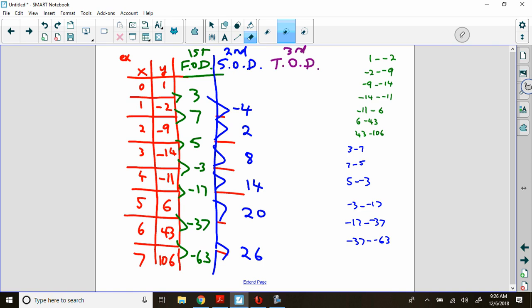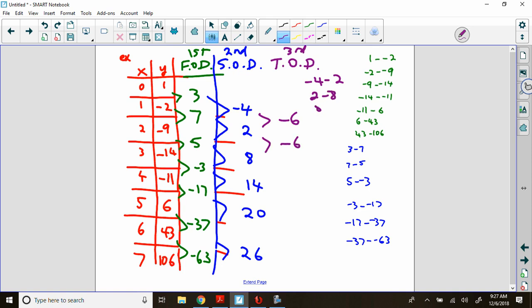My smart board's cooperating greatly here. Negative 4 minus 2 is negative 6. What's 2 minus 8? Negative 6. Oh, this is awesome. What's 8 minus 14? Negative 6. What's 14 minus 20? Negative 6. And 20 minus 26? Those are all constant, aren't they?